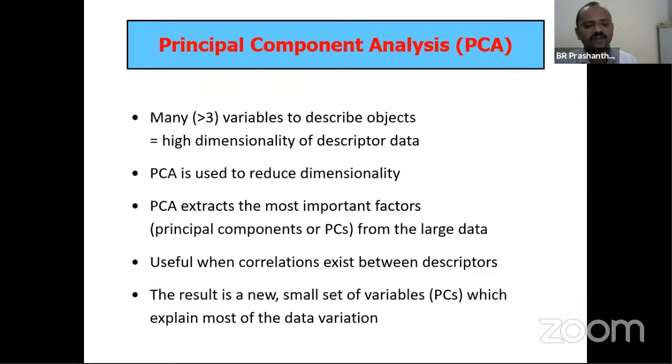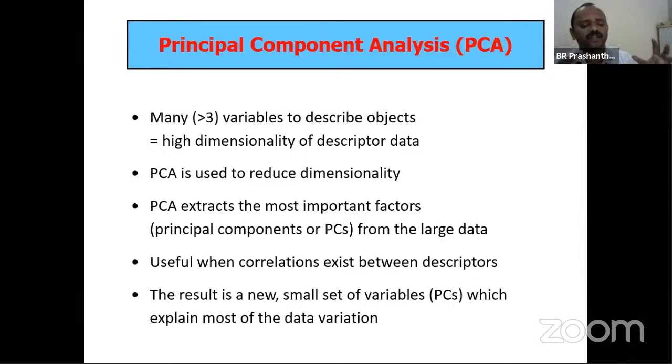So all these five factors are taken into consideration. The variables which explain most of the data variation are seen here. When they are applied, there will be different components, so we have to handle that data against the three-dimensional structure of the molecule when we apply the fields.